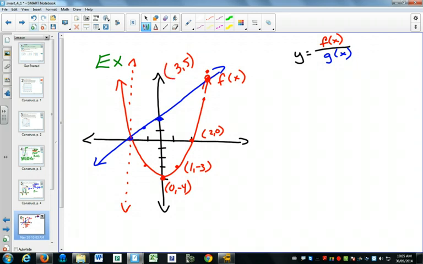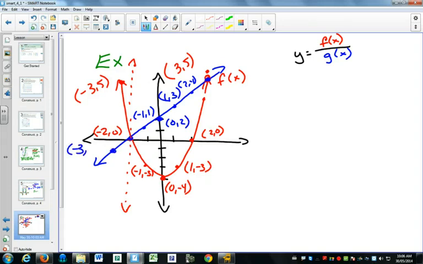And over here, we would have -3, 5. We have -2, 0, and -1, -3. Those are some points on our red graph. And on our blue graph, I also have -2, 0. I've got -1, 1. I've got 0, 2, 1, 3. 2, 4, and of course 3, 5 is the same. And going in this direction, you would have -3, -1.